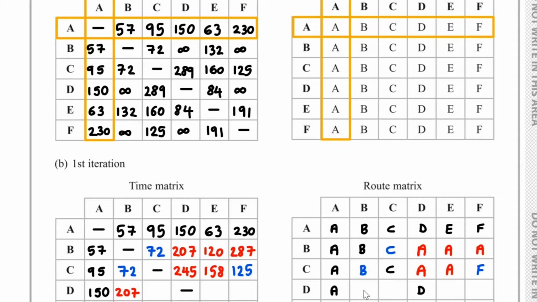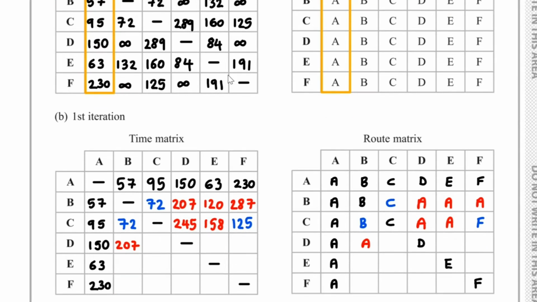The B here will change to an A. Now we compare 289 with the sum of 150 plus 95. 150 plus 95 is smaller than 289.